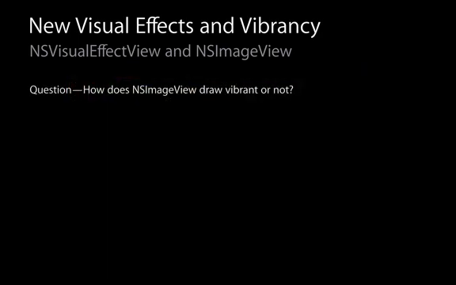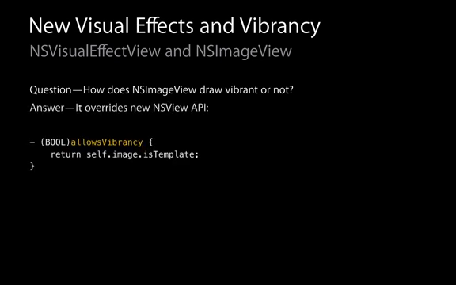So that begs the question, well, how does something like image view say, hey, I want to be vibrant or not be vibrant, and how does it dynamically choose this answer? And the answer is, we have new API in NSView to do this. And this is basically the implementation inside of NSImageView. It says, allowsVibrancy is the new API, and the answer to allowsVibrancy is self.image.isTemplate. So it's just saying, hey, if I'm a template, I can be vibrant. If I'm not a template, I can't be vibrant.